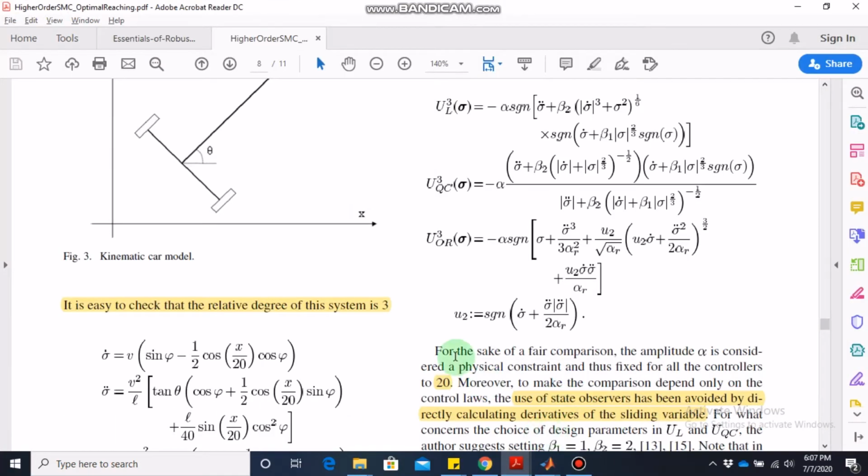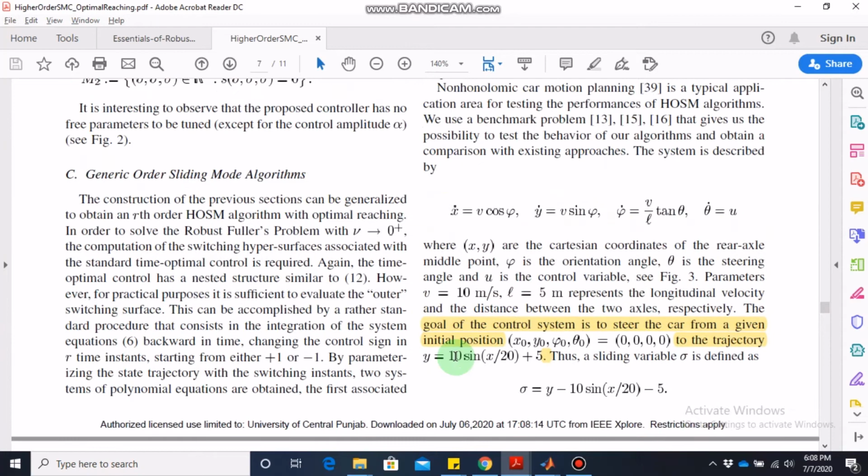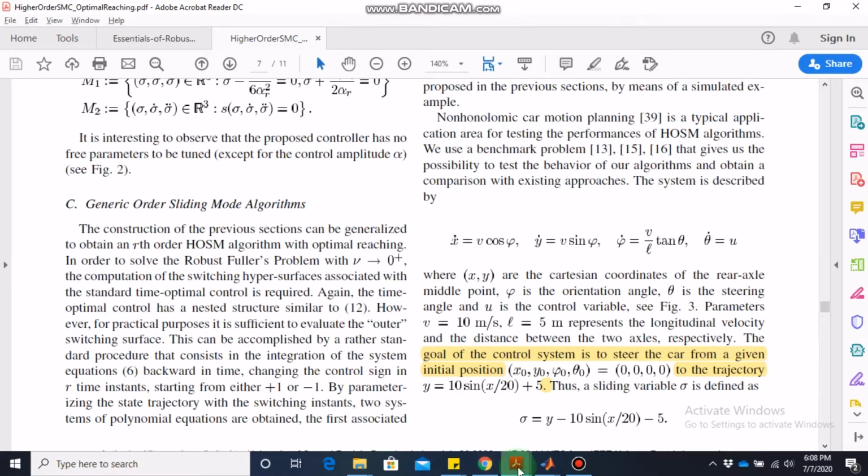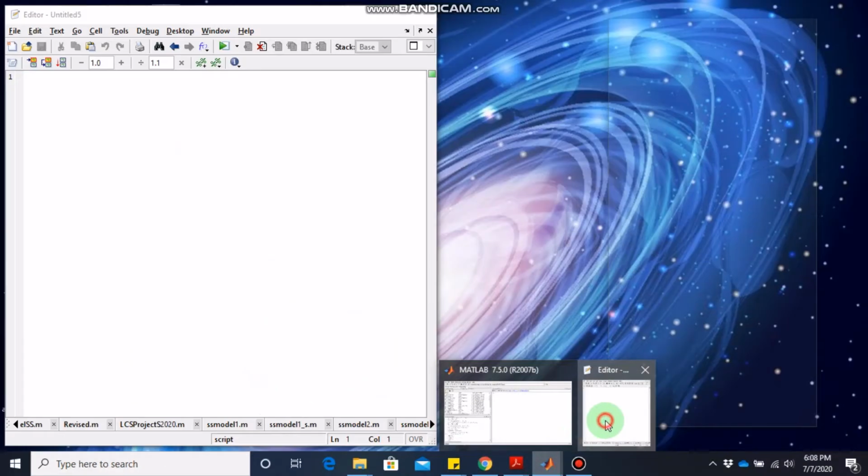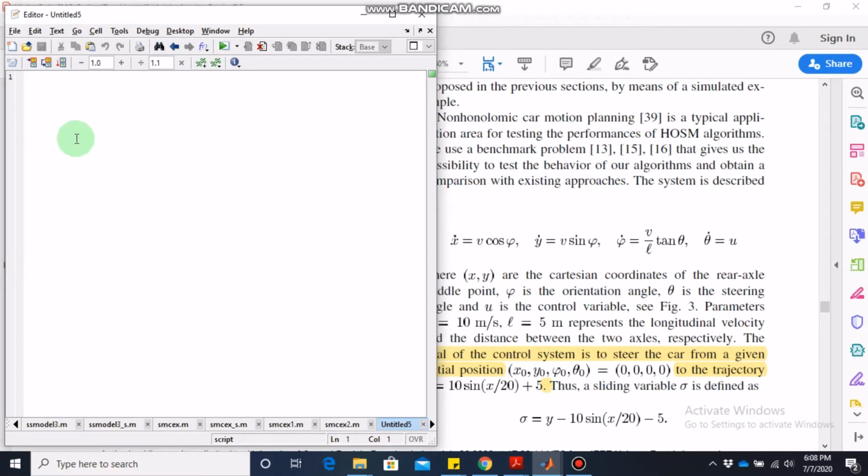So here, this is our system that we want to simulate. I will open the MATLAB script file editor on the side. First of all, as I have mentioned in my previous lectures regarding the simulation of feedback control using MATLAB, we have to create a function file here.